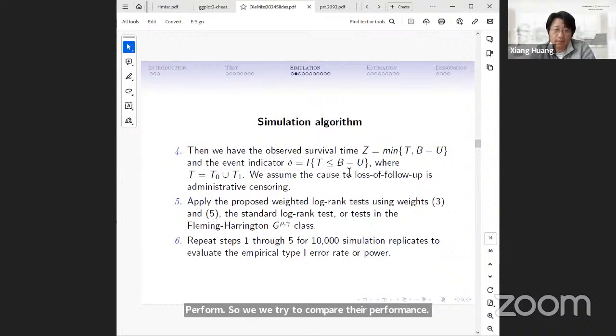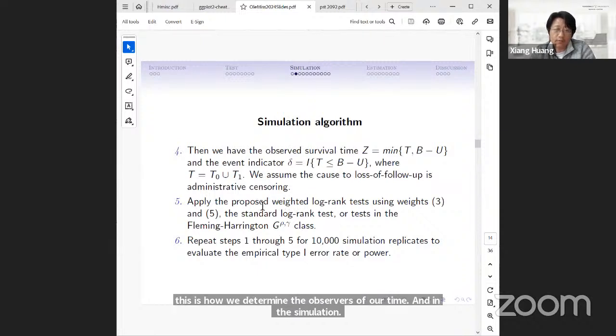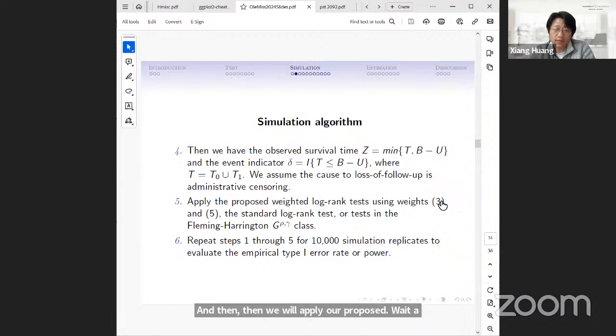This is how we determine the observed survival time in the simulation. Then we apply our proposed weighted log-rank test using weights 3 or 5, and also the standard log-rank test and three tests using Fleming-Harrington weights.